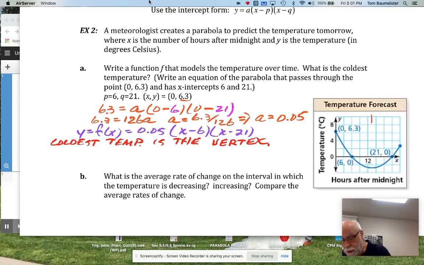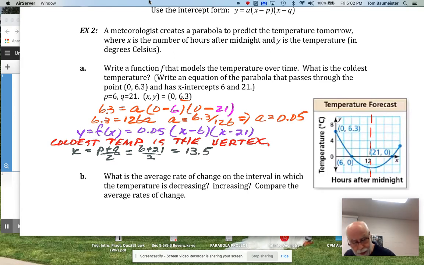We know it's going to be somewhere around here somewhere. All right, our axis of symmetry. Well, how did we do that when we had our x-intercepts? Well, remember, all we did was we said that x is equal to our p plus our q divided by 2. So in this case, it's going to be 6 plus 21, and that's going to be divided by 2, which will give us 13.5.